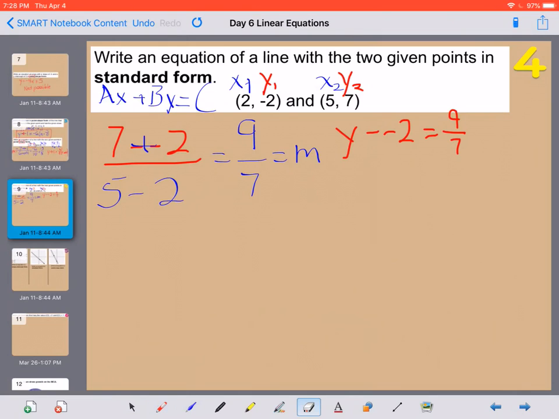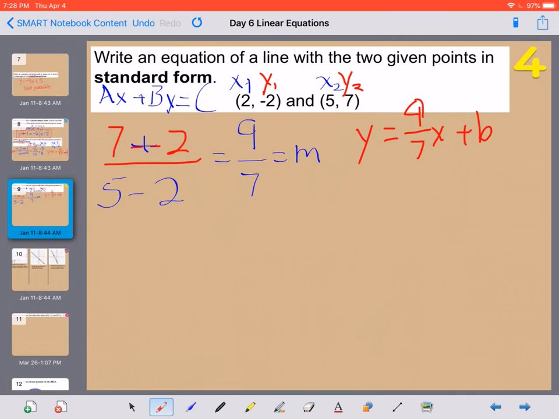Actually, there is a shorter way to do this without writing it in point-slope form. What we need to do is write this in slope-intercept form. So y equals 9/7 x plus b.